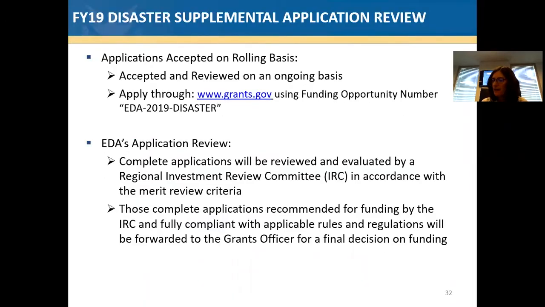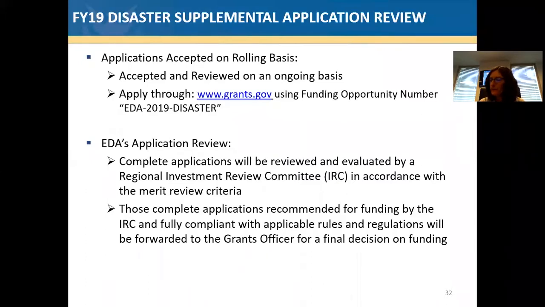So unlike many other agencies, EDA accepts applications on a rolling basis until we have our money expended, and we are accepting our applications electronically. You can apply to grants.gov.